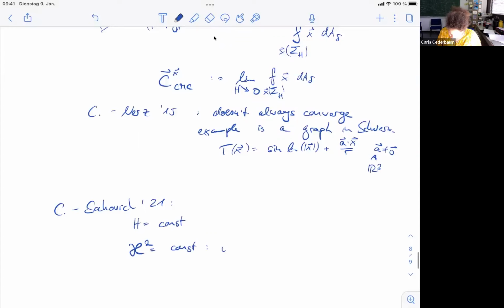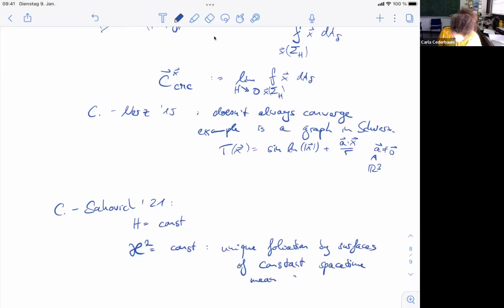So we get a unique foliation by surfaces of constant space-time mean curvature. And we call those ST-CMC for space-time constant mean curvature, where these are called CMC for constant mean curvature in the literature.